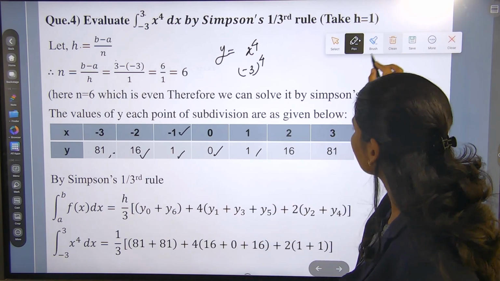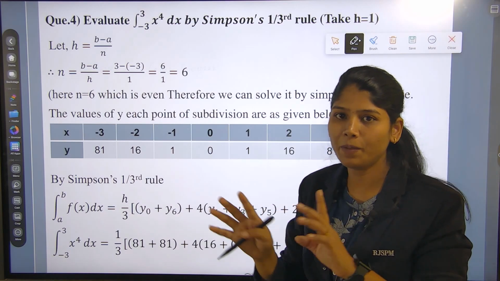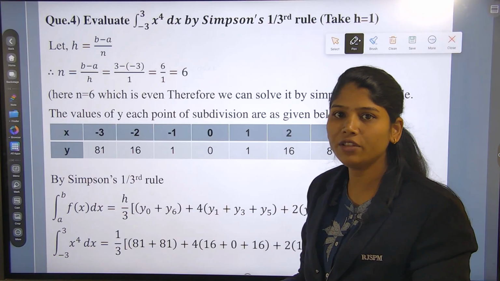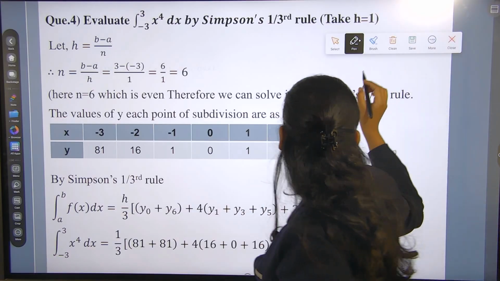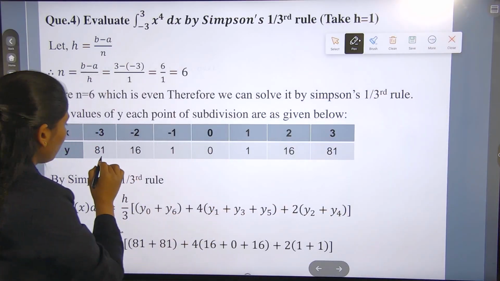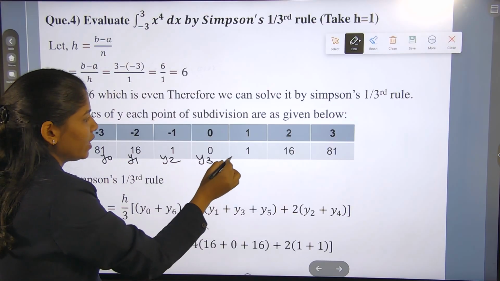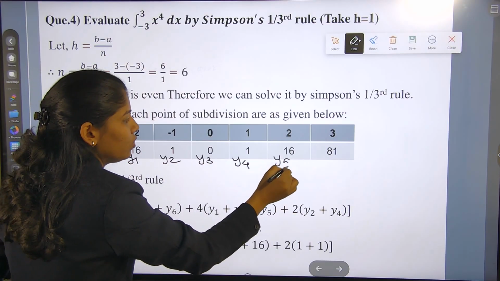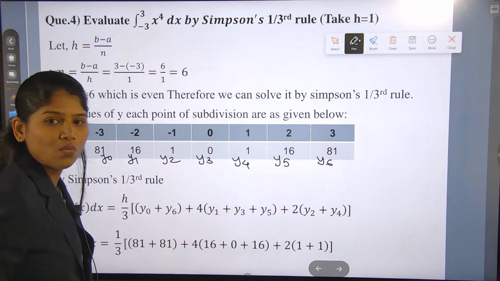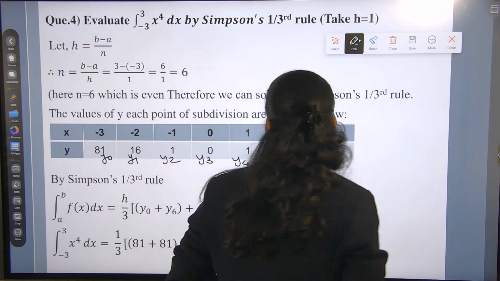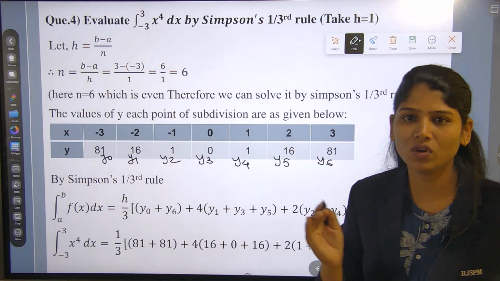Okay, then after preparing table, we know we need to apply the formula. First mention here y0, y1, y2, y3, y4, y5 and y6. Then write down formula by Simpsons 1/3 rule.